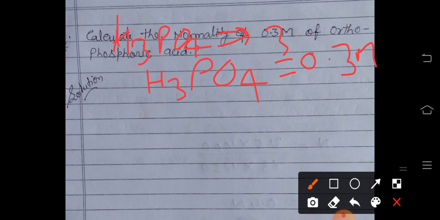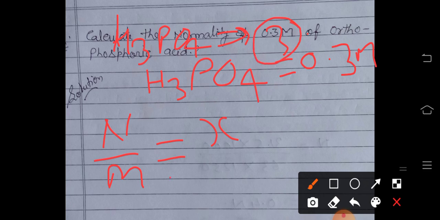We also know the relation between normality and molarity: normality equals M into X, where X equals the basicity of orthophosphoric acid. Here X equals 3.